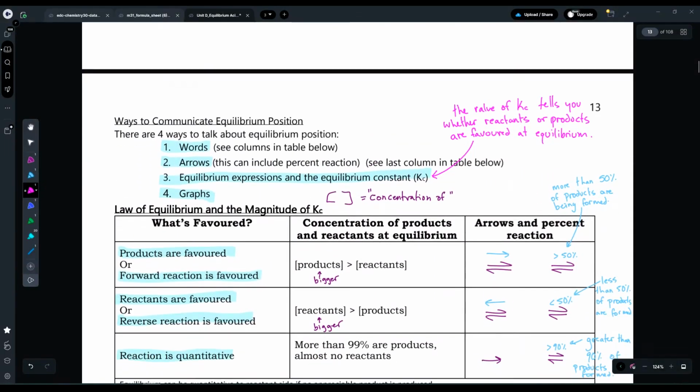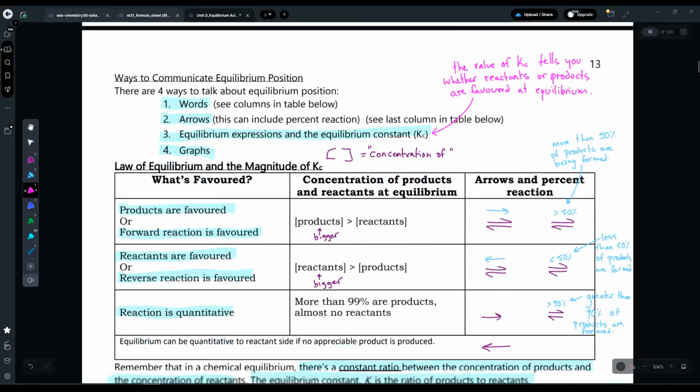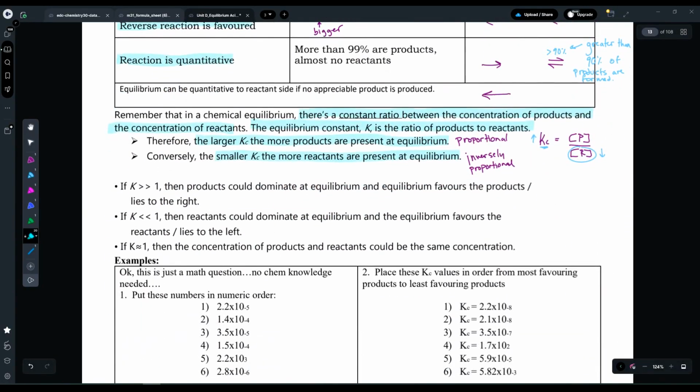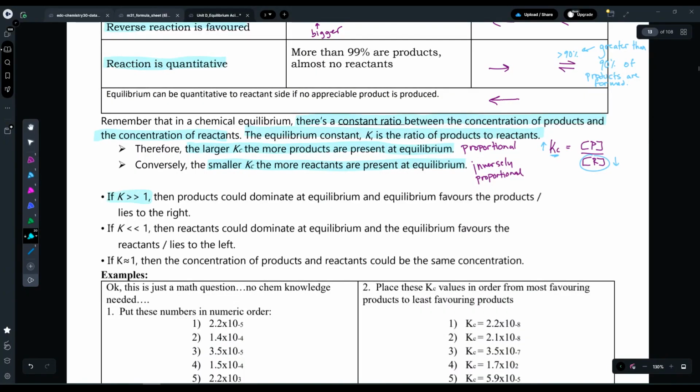So what values are you looking for? If your equilibrium constant is a lot bigger than 1, then your products are favored. Another way you could communicate that the forward reaction is favored, or your products are favored, is to say that your equilibrium lies to the right or is shifted to the right.